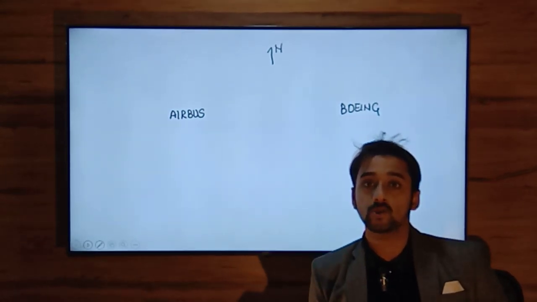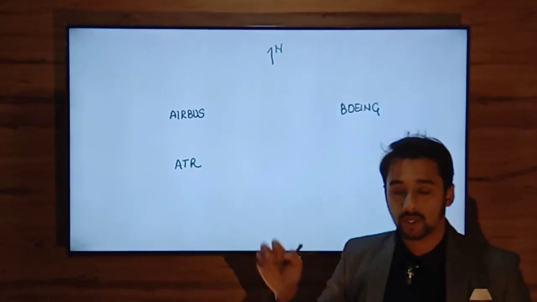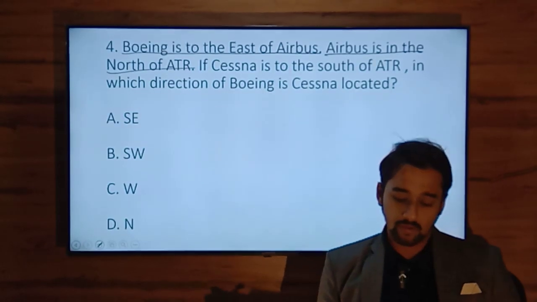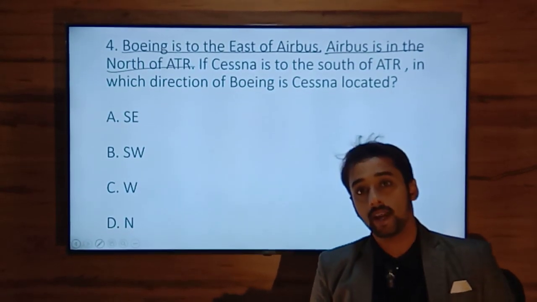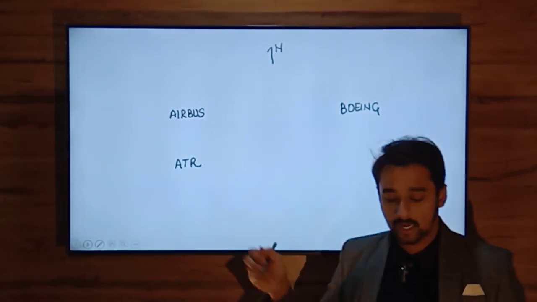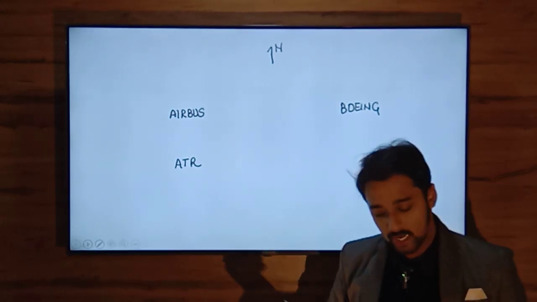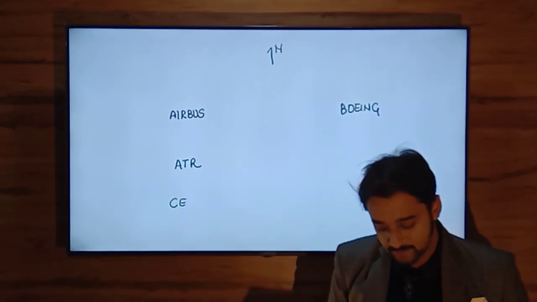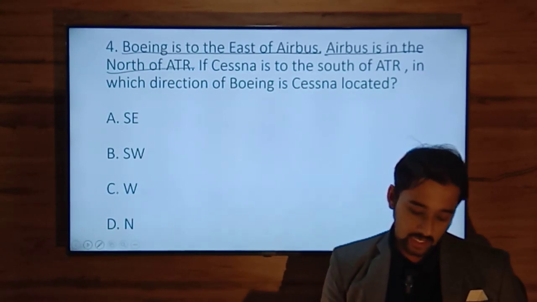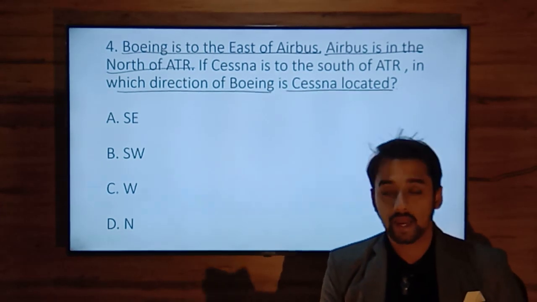That means ATR is to the south of Airbus, so I'm writing ATR over here. The next statement: Cessna is to the south of ATR. So this is your north direction, and south will be the opposite direction. So Cessna is here.